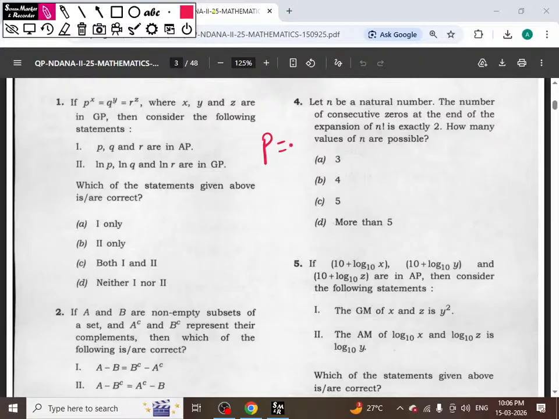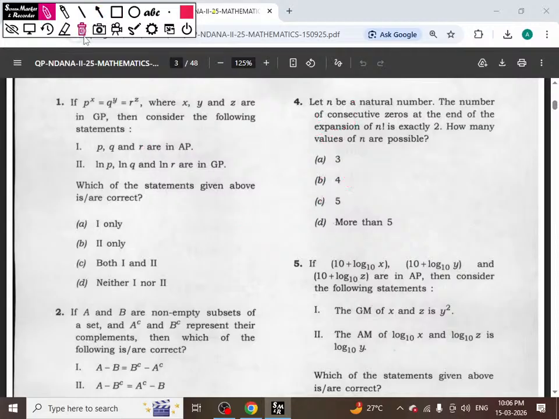If p equals q squared equals r to the power of 4, this is what we have in GP, right? So let us take r equals 2. If r equals 2, then it will be 16, then 8. Yes or no? So simply it is not an AP. The first one is wrong.